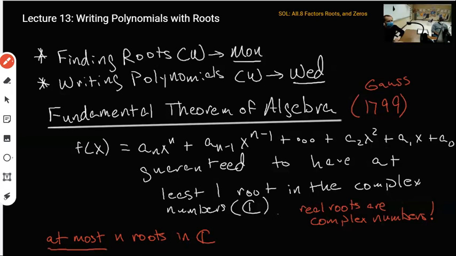So at the very most, it's going to have n roots because the highest exponent, or the degree of the polynomial, is n, right? So that's why it has at most n roots, but it is guaranteed to have at least one root.